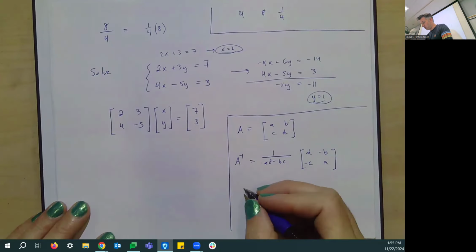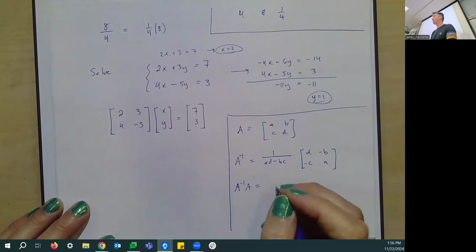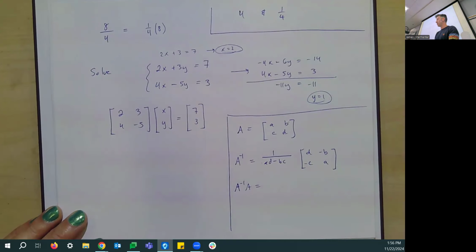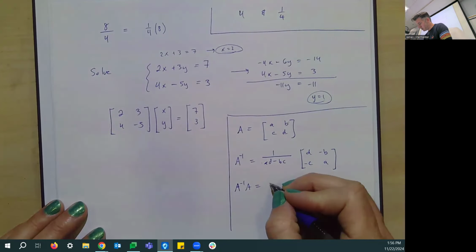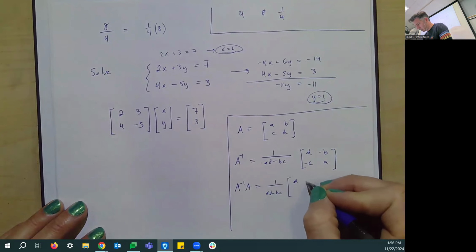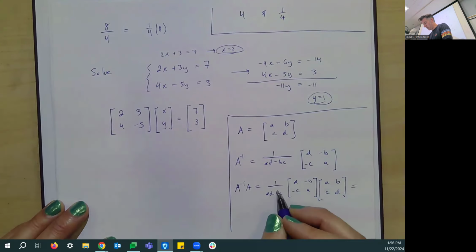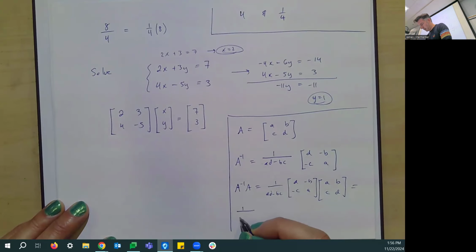So it should be true, and it is true, that A inverse times A should equal the 2 by 2 identity matrix. Let's do it and see. So 1 over AD minus BC times D, negative B, negative C, A times A, B, C, D. Leave that scalar out in front. And then we multiply these two together.